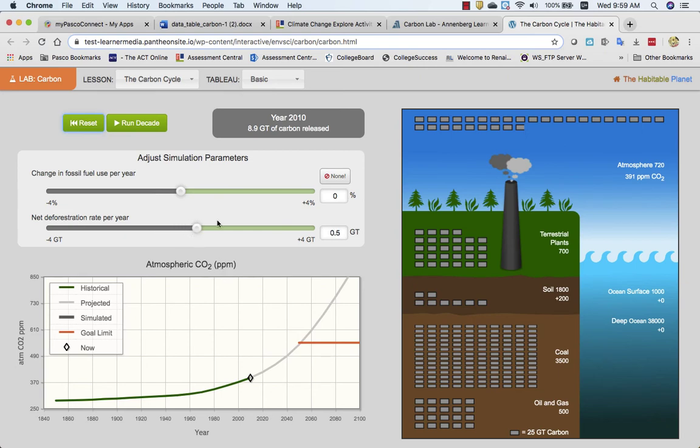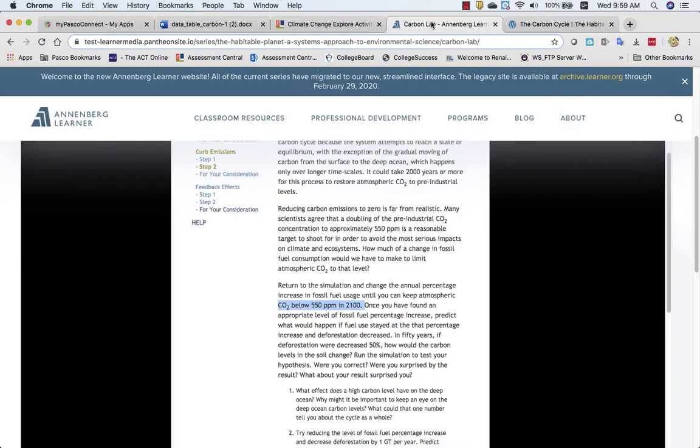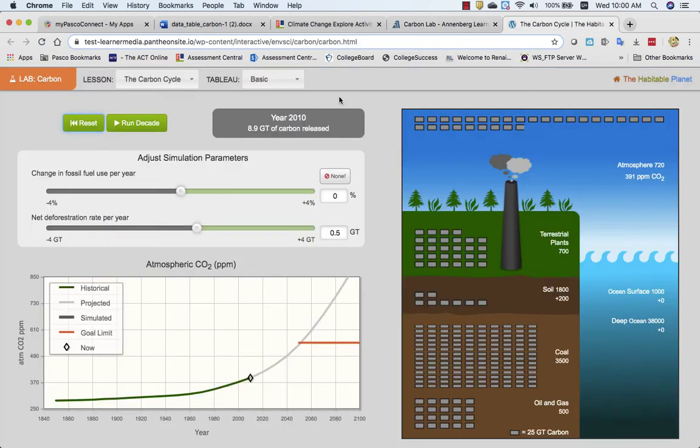Then we're going to run the simulation for, what does it say? In 50 years, if deforestation was decreased by 50%, how would the carbon levels in the soil change? So I've reduced this, we were at 1 gigaton, now we're going to reduce it to 0.5.